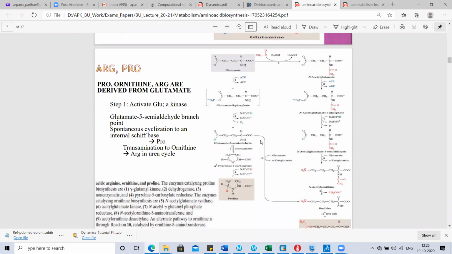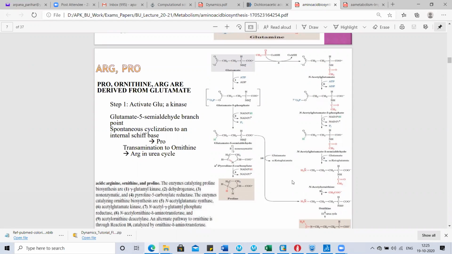This ornithine interacts with glutamate 5-semialdehyde and another molecule and produces pyrroline 5-carboxylate that ultimately forms proline.